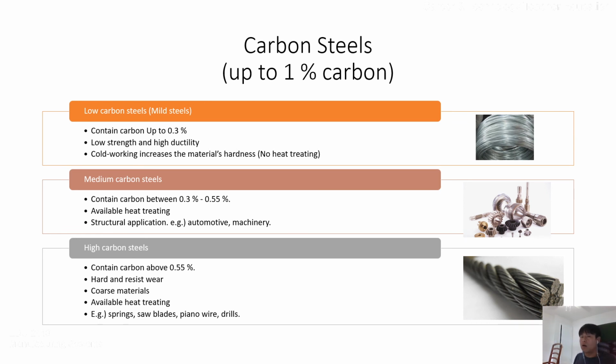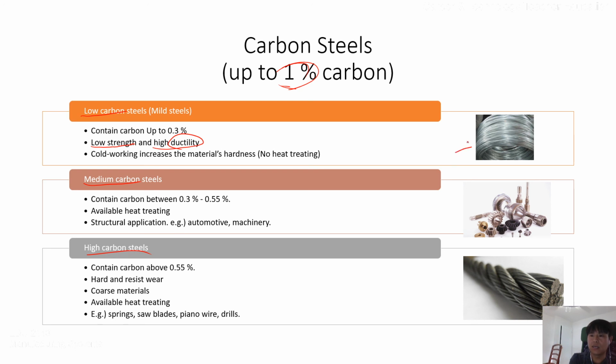Carbon steel has carbon up to 1%, so we call it carbon steel. Carbon steel has different levels: low carbon, medium, and high carbon steel. As I explained, low carbon steel has low strength but high ductility.